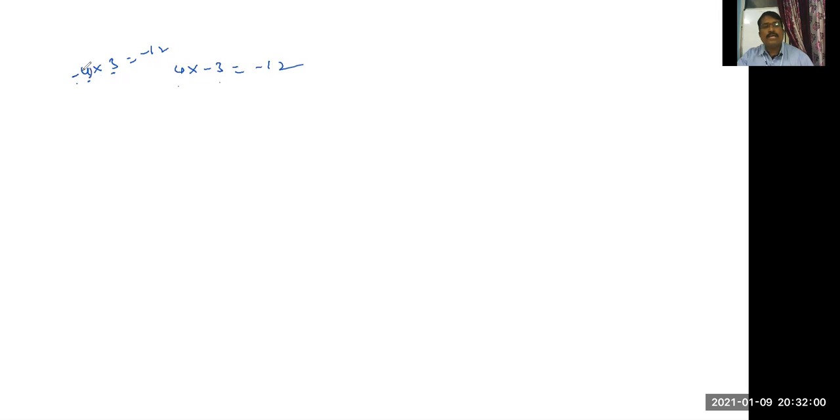Here 4 has a minus symbol, here 4 has a plus symbol. Here 3 has a plus symbol, and here 3 has a minus symbol. That means here it is a negative number, there it is a positive number, but the result is the same.